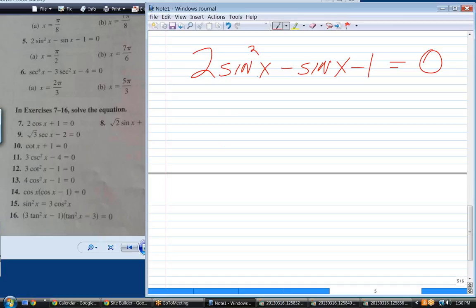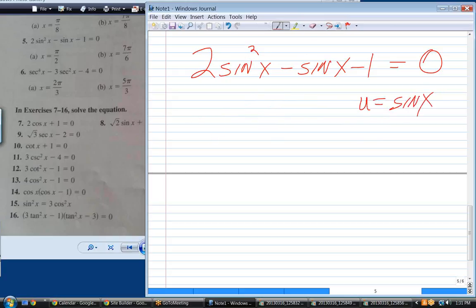So what we're looking at here is awfully close to a quadratic. And in fact, it is proper to say that this is a quadratic in sine x. The equivalent quadratic polynomial would be this. Well, I'm allowed to make a substitution and say, okay, I'm going to let u equal sine x.